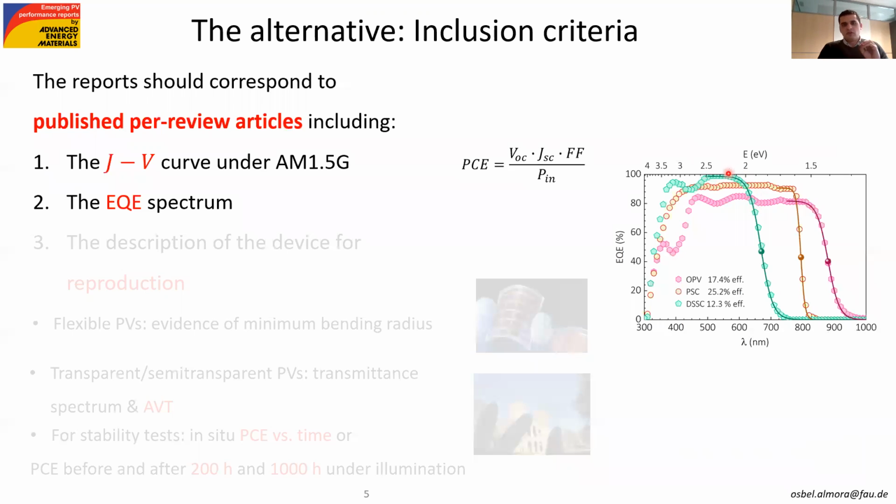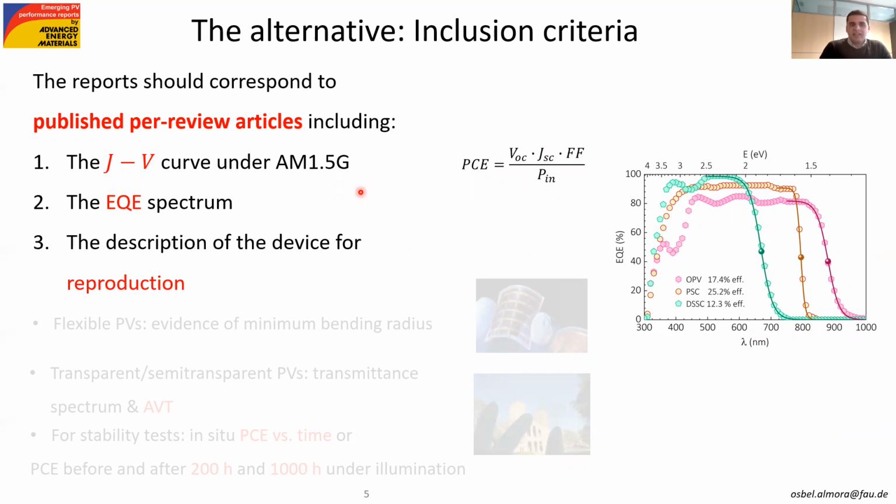From the EQE, we can extract the bandgap energy from the inflection point of the absorption threshold, and we can also integrate the photocurrent, which is used to compare whether this result from the EQE is compatible with the short circuit current that you get from the JV curve.